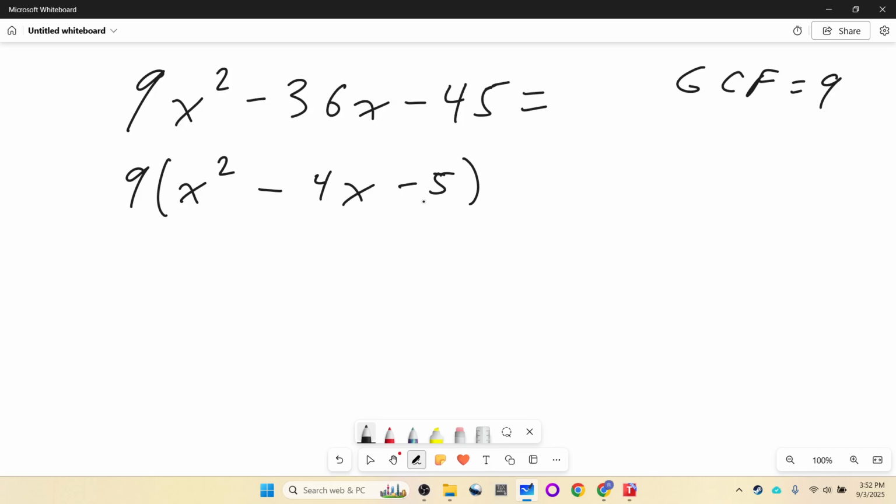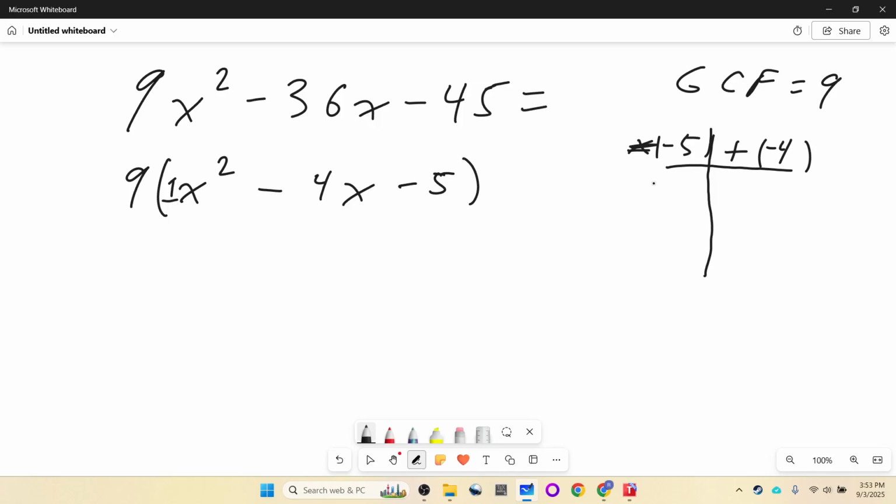So now we've taken out the GCF, and the number in front of the x squared is 1. That add and multiply trick only works if the number in front of the x squared is 1. If it's something else, then there are other techniques, but we haven't gone over them. If it's something else, I would just use the quadratic formula. So, we want things that multiply to negative 5 and add to negative 4.